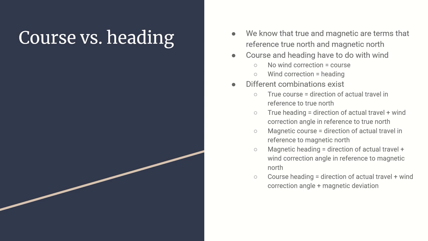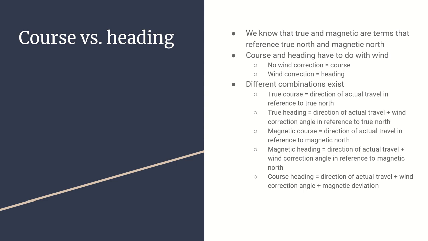So what ends up happening is that our heading, which is the way we're facing, is different than our course, which is the direction we are actually going, or our track, you might hear it called. That's what SkyVector calls it. So course is without wind correction, heading is with wind correction.